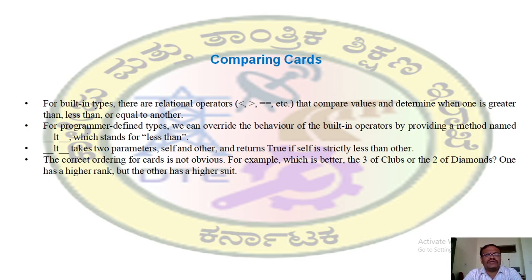And there is a defined function called underscore lt, which checks whether the first argument is strictly less than the second one or not.